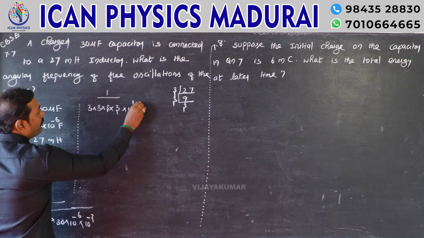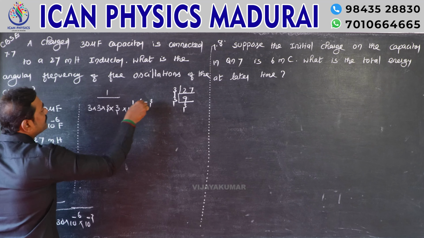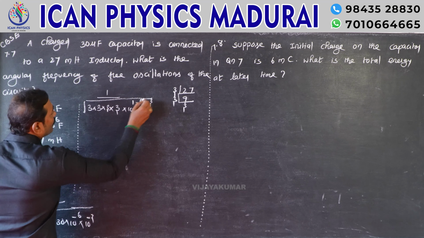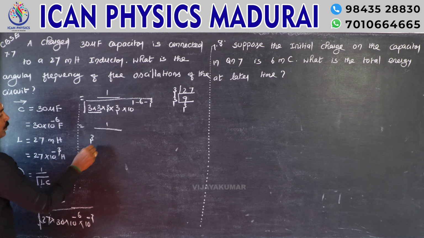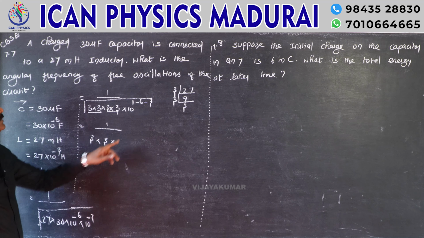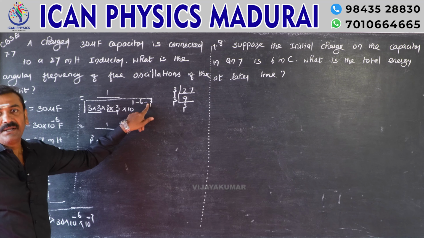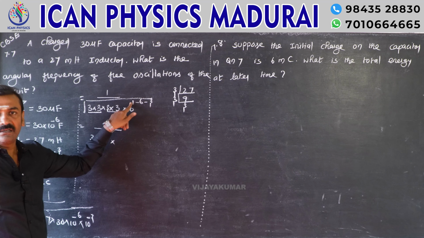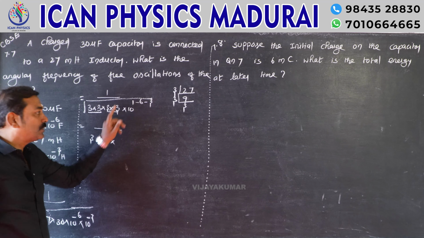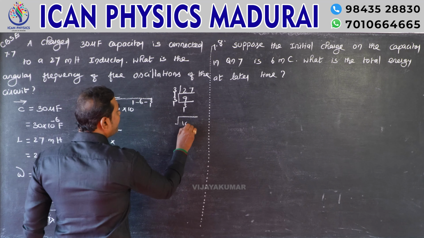Here we are having minus 6 minus 3. Now, instead of 3, we can take 1. Now, so minus 6, minus 3, minus 9, plus 1, minus 8. So 10 to the power minus 8.